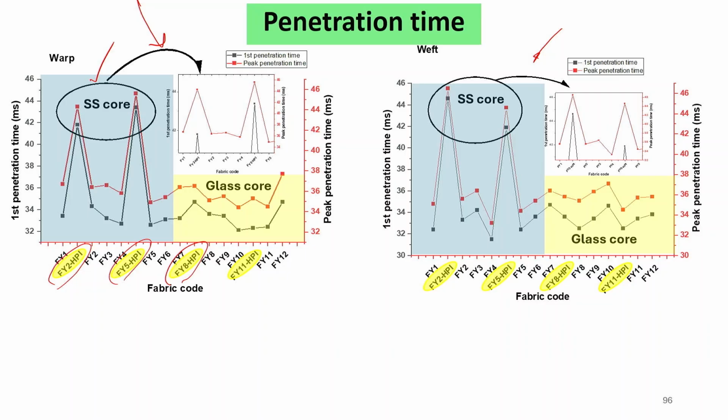The black dots are the first penetration point and time, and the red dots are the peak penetration time. Here we can see the first penetration and peak penetration times.